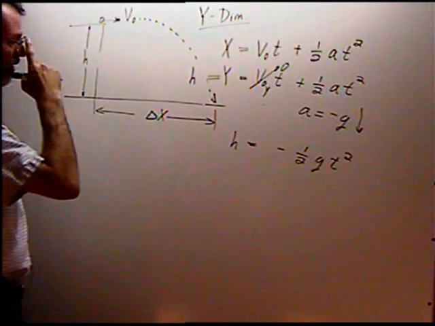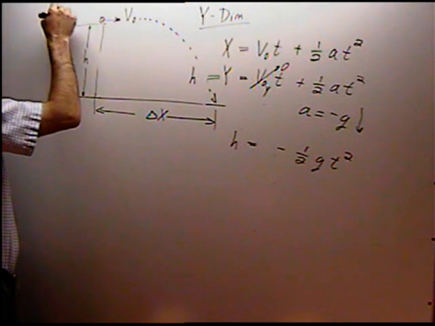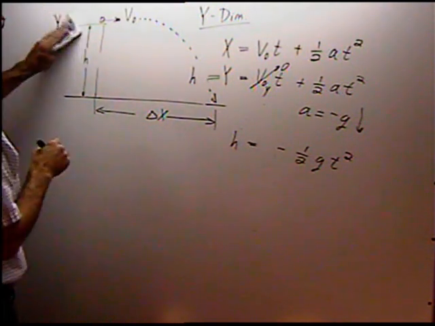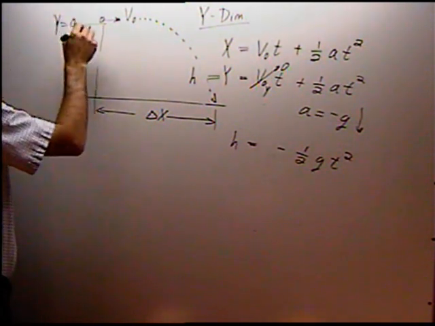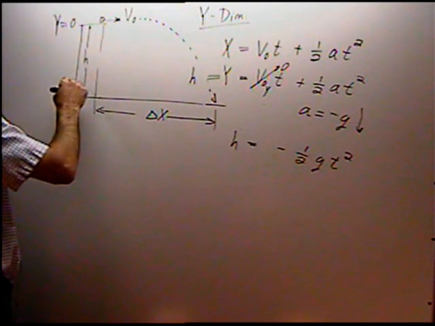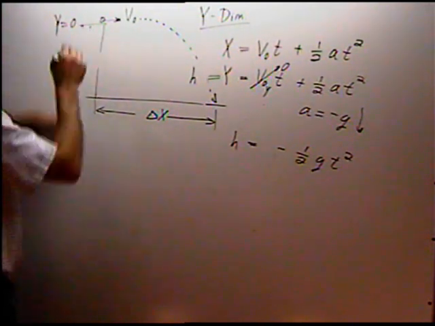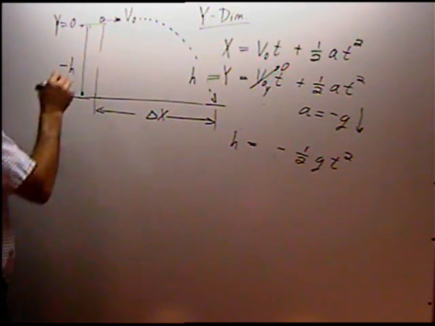What about this h? Remember our datum here. If we set y equal to 0 right here where it starts, that means as this comes down, this distance is really a negative h.